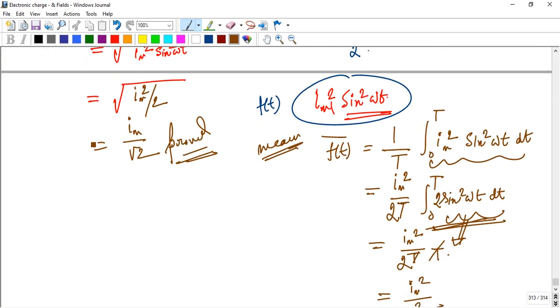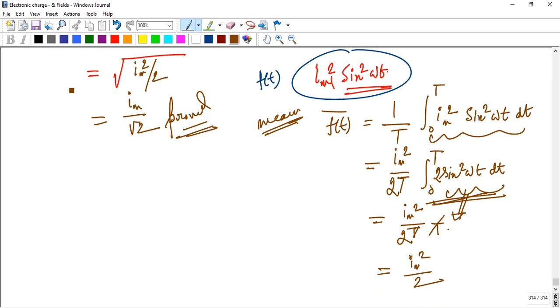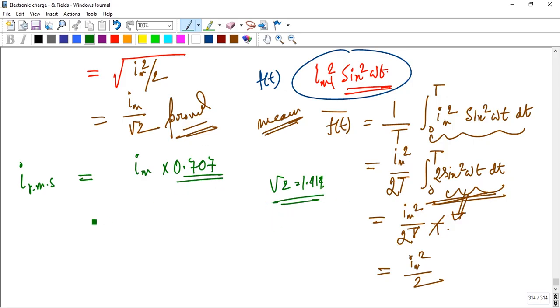So I RMS, root mean square, is equal to the maximum current times 0.707, since 1 by root 2, with root 2 equal to 1.414, gives this. So that is 70% of the maximum current. Keep in mind: I RMS is 70% of the max value of current.